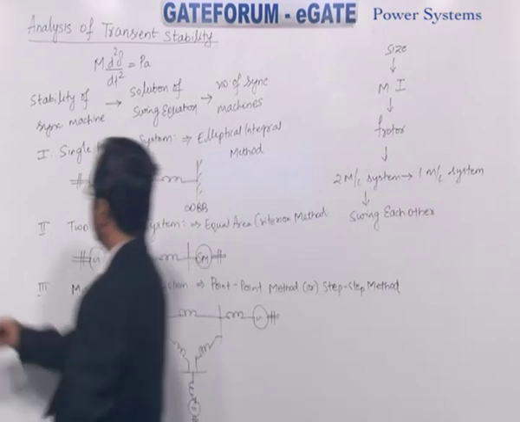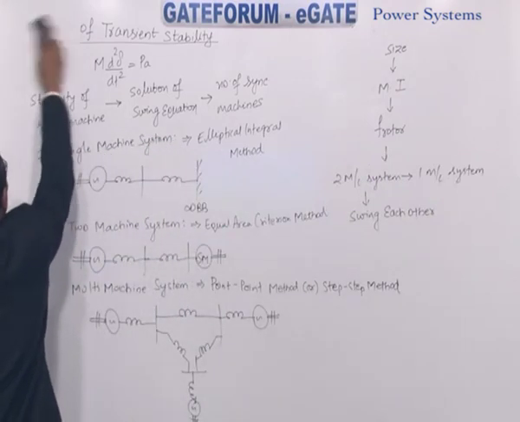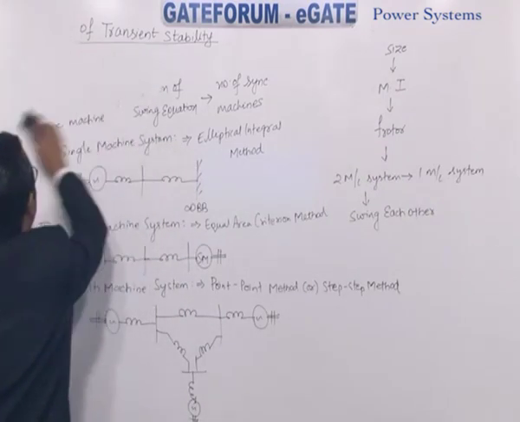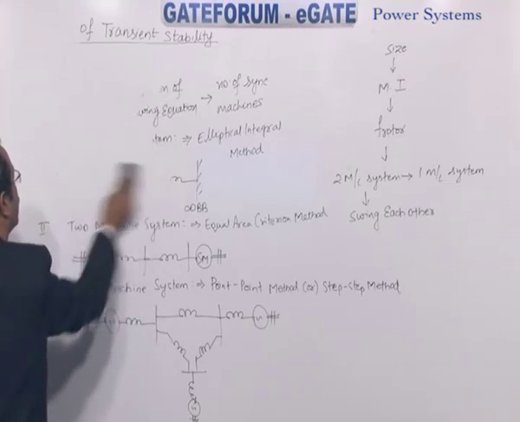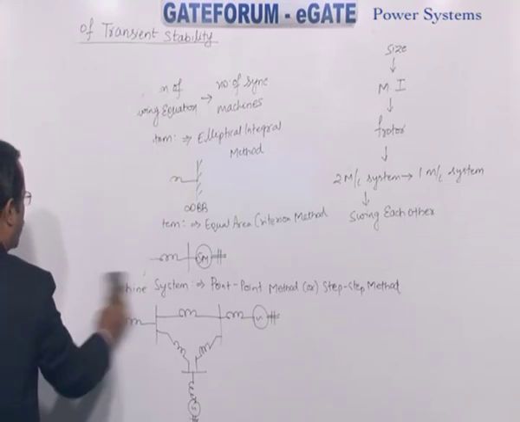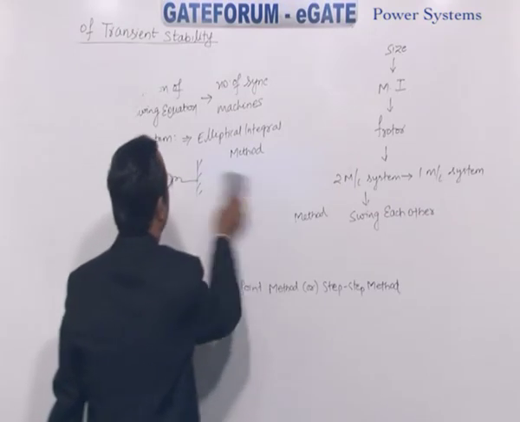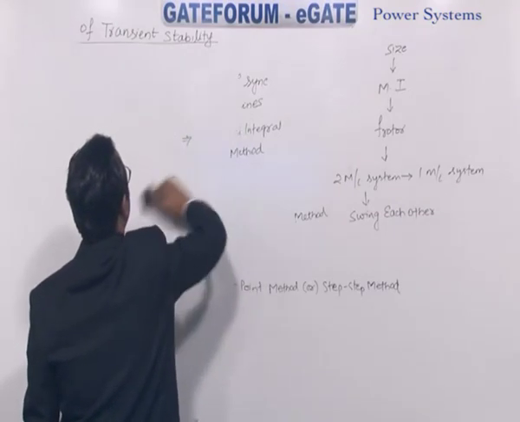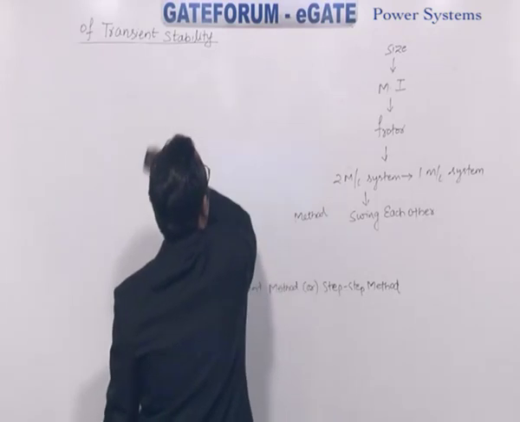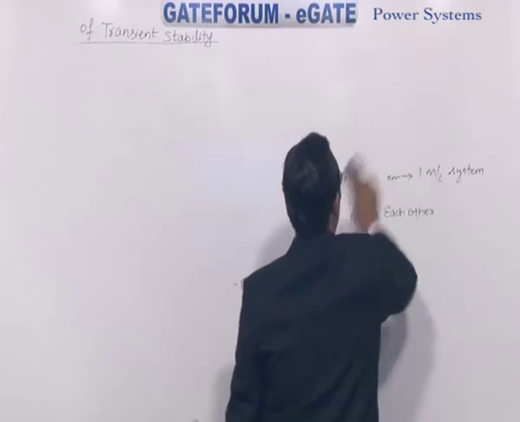Now we discuss what are the assumptions of transient stability. Based on this assumption, we further check what can be the maximum power transmitted before fault, during fault, and after fault.